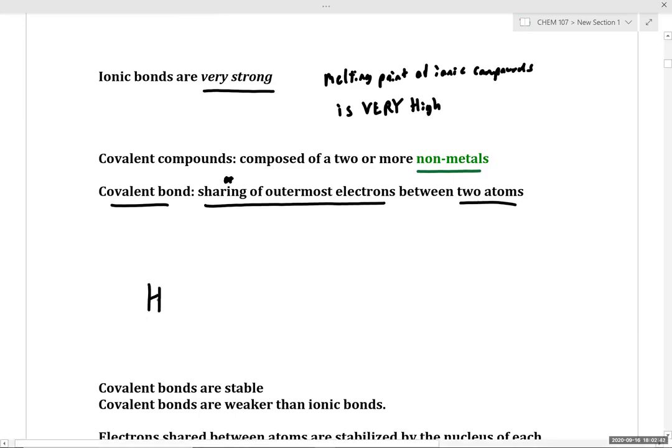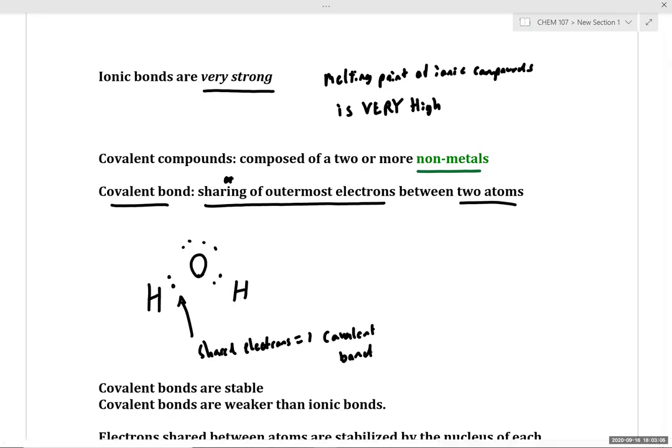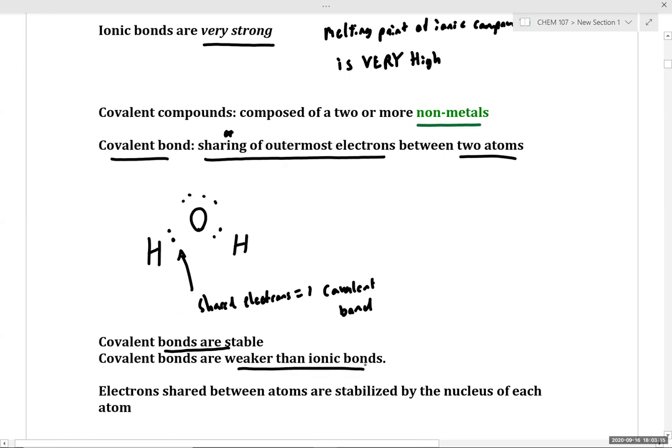In water, we have the sharing of electrons between hydrogen and oxygen, and these shared electrons are known as a covalent bond. Covalent bonds, sharing. Ionic bonds, positive charge likes negative charge. Okay, covalent bonds are stable, but they're weaker than ionic bonds.